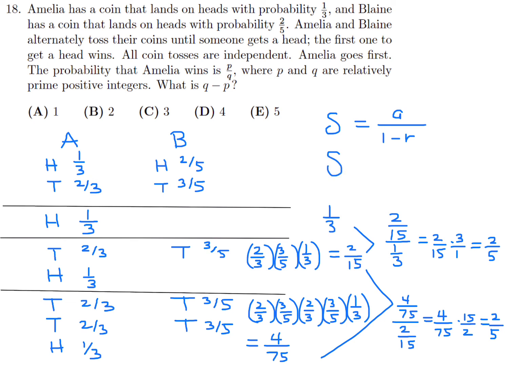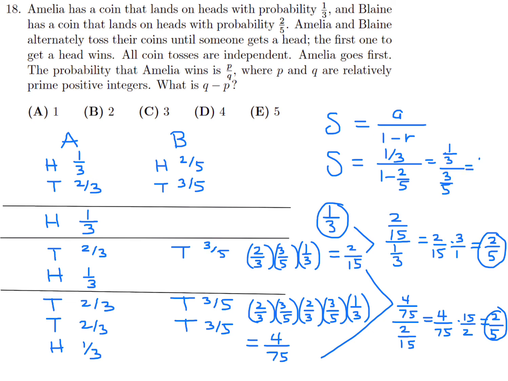So now we can figure out the sum. That will represent the total probability that Amelia wins, since this is infinite. A is the first term. That was a third. R is the common ratio. We found that to be 2/5. So 1/3 over 3/5.